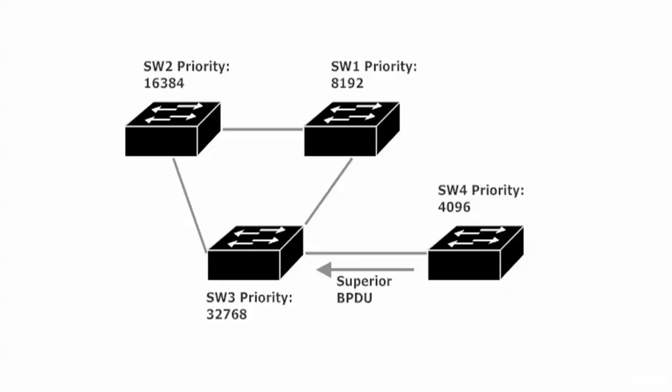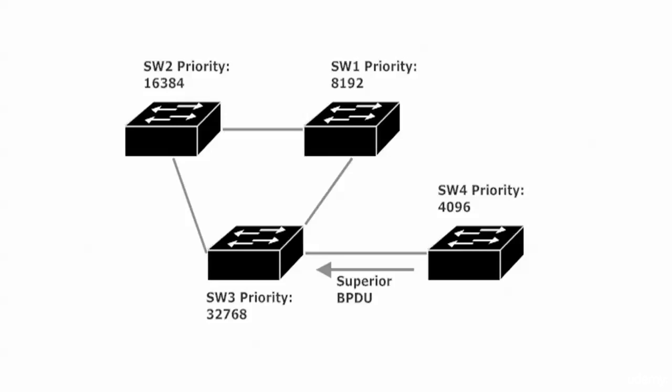Because switch 4, which is not online yet, that's why switch 1 is seen as the root. But if this happens, and I have a feeling it just might in a moment, if switch 4 comes online and it has a priority of 4096 for VLAN 1, then in effect it's sending a superior BPDU into switch 3. And switch 4 should, in quick measure, become the root for VLAN 1.